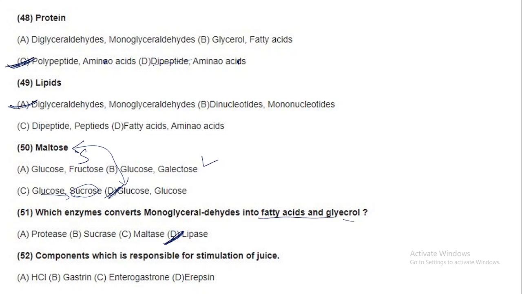Which are the components that are responsible for stimulation of production of juice? It is gastrin. Remember I told you that there is a hormone about which we shall be studying later in the endocrine system chapter.